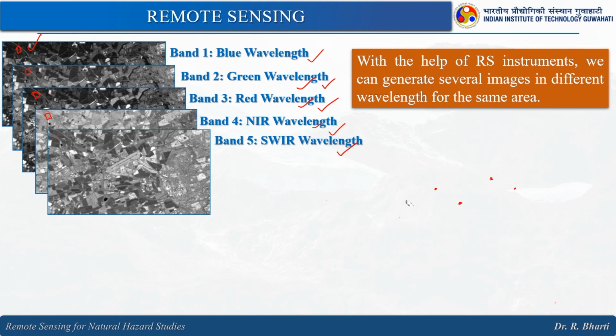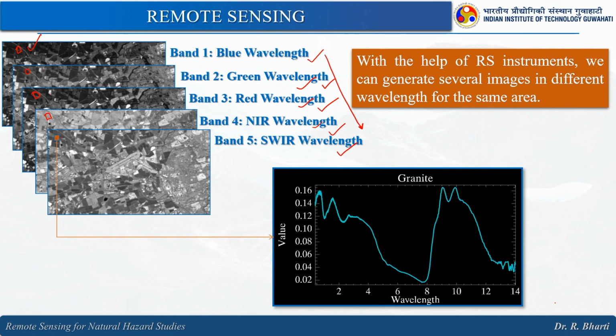So, this kind of information you can generate, which is not possible with the normal camera, right. So, here we try to gather the information of how a material is behaving across the wavelength, and remember the property or the absorption feature generated by these materials represents their chemical composition and the internal atomic structure. So, ultimately we will be able to produce this kind of a spectra, and these characteristic absorption features we will try to study and identify, and then we will say this is granite, right.